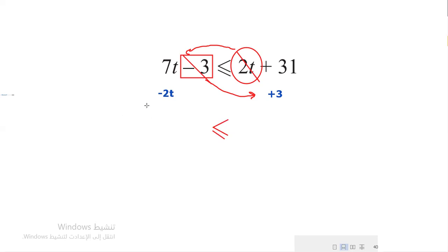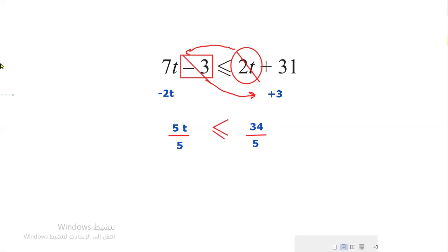Now I'm going to simplify. 7t minus 2t is going to be 5t. And then 31 plus 3 is going to be 34. Now, here I have 5 multiplied by t. It means I'm going to divide by 5, both sides here and here. So divide this by 5 and divide this by 5.